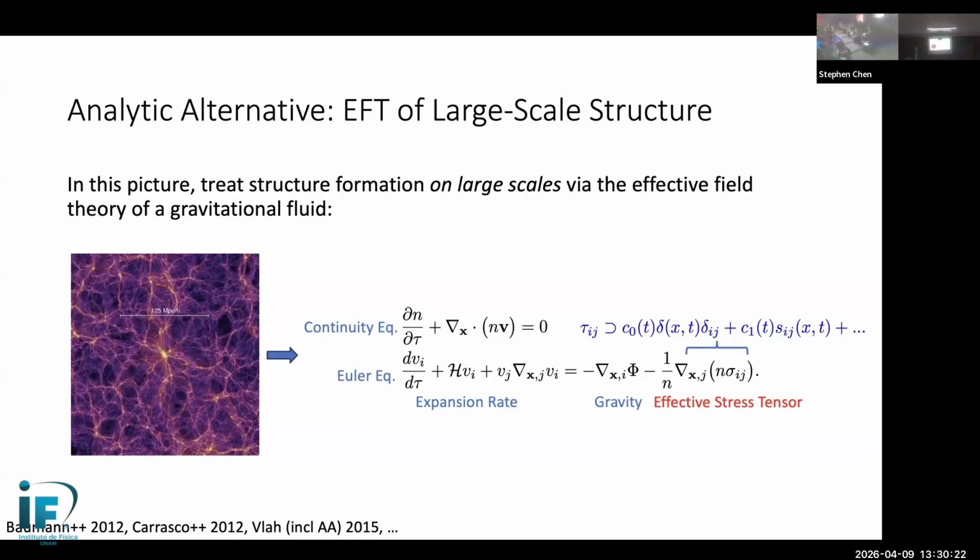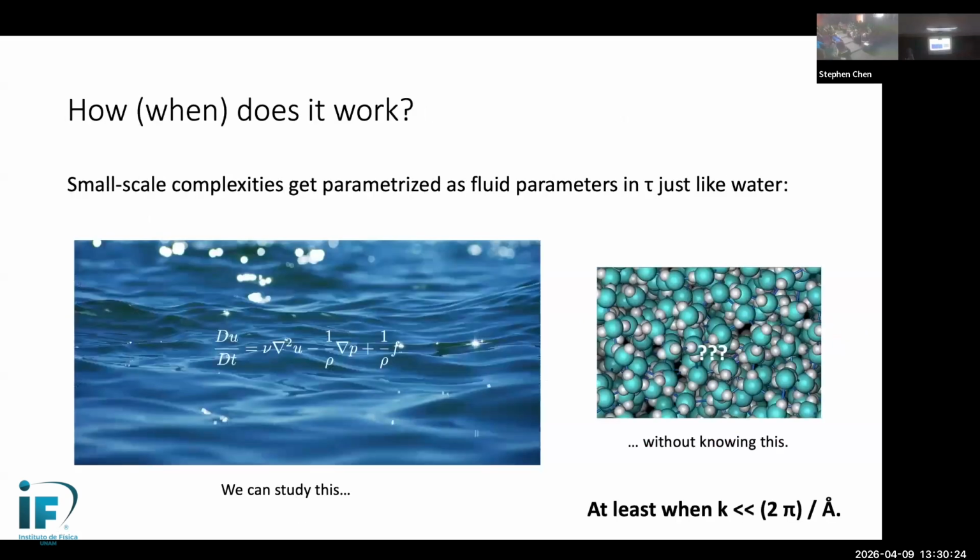And that sounds perhaps slightly abstract, but this is really no different than the fact that when we study, say, fluid water, these fluid parameters, the viscosity and so forth, the sound speed of the water, are reflections of the interactions of water molecules and their hydrogen bonds on small scales. So we gain these parameters like mu here.